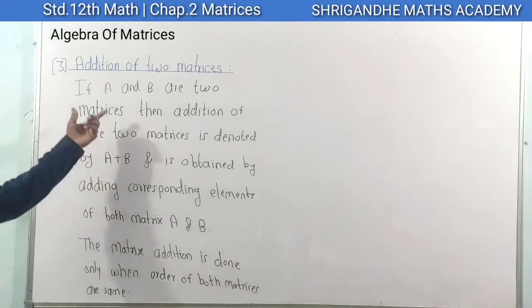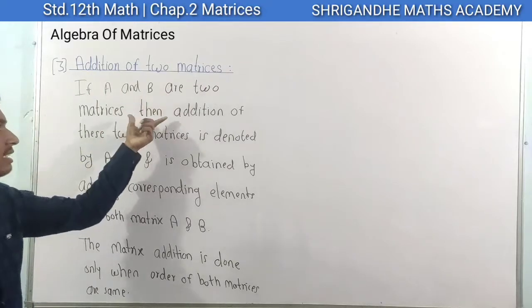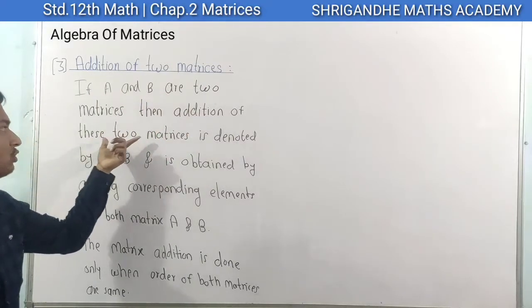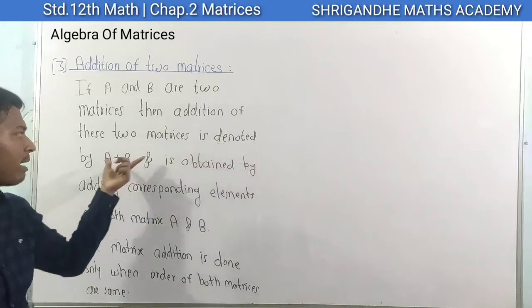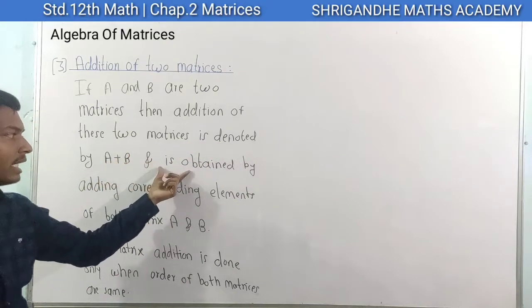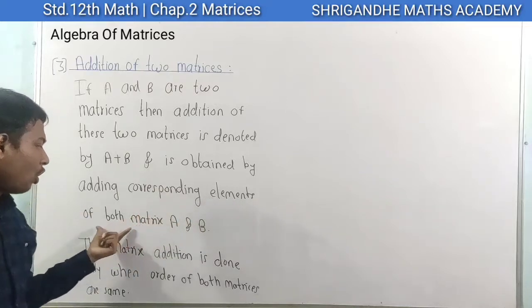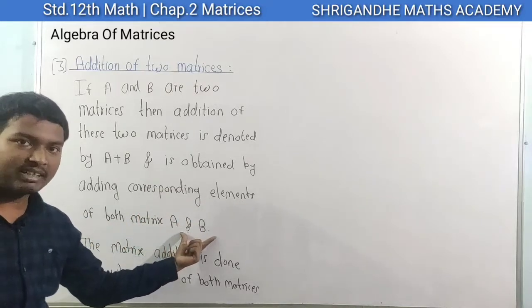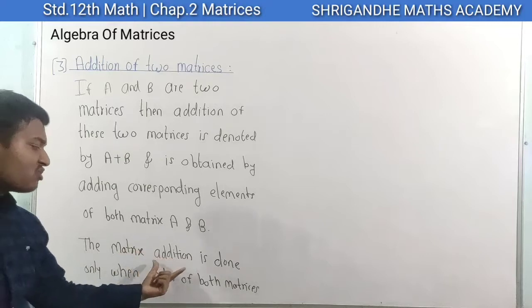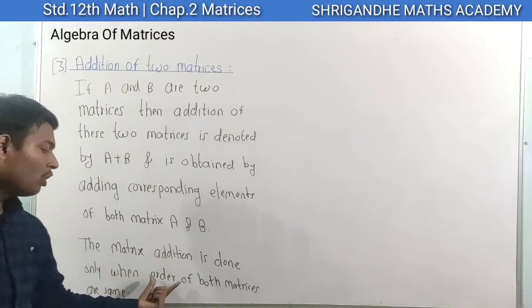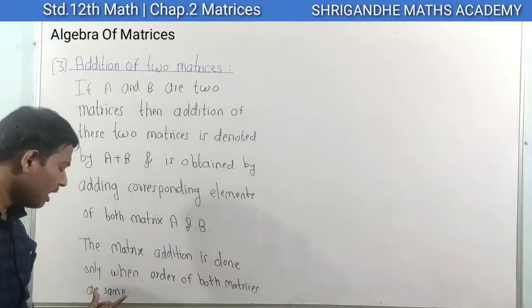If A and B are two matrices, then addition of these two matrices is denoted by A plus B and is obtained by adding corresponding elements of both matrix A and matrix B. The matrix addition is done only when order of both matrices are same.